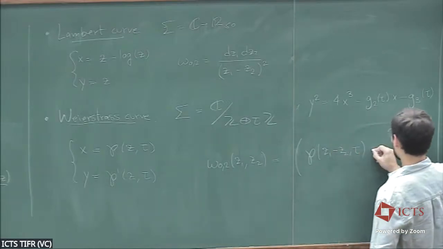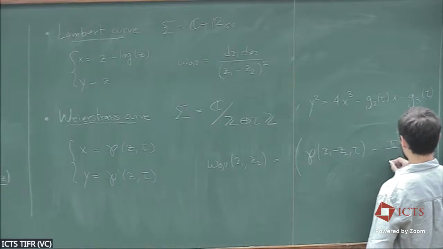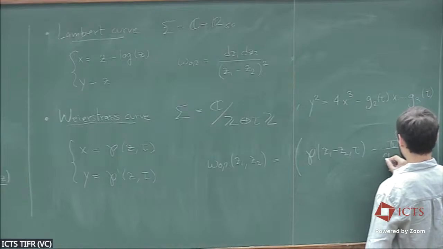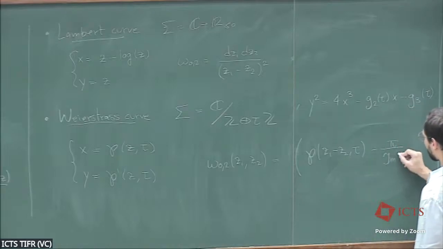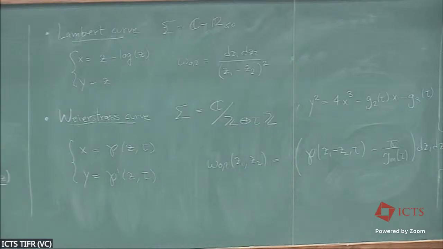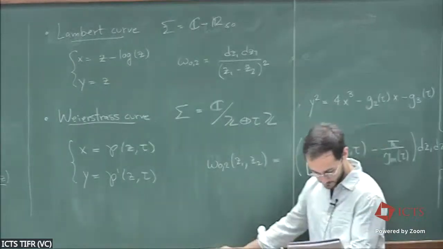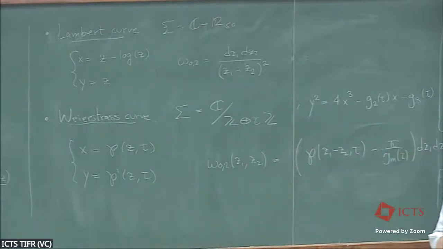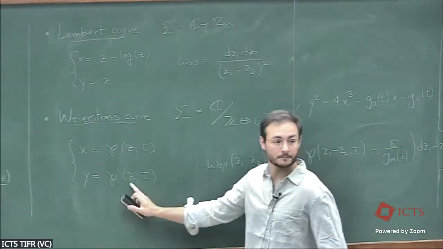And you have to remove from it the following part. It's pi over the imaginary part of tau. And this is another fun example. It's a derivative in z, sorry.